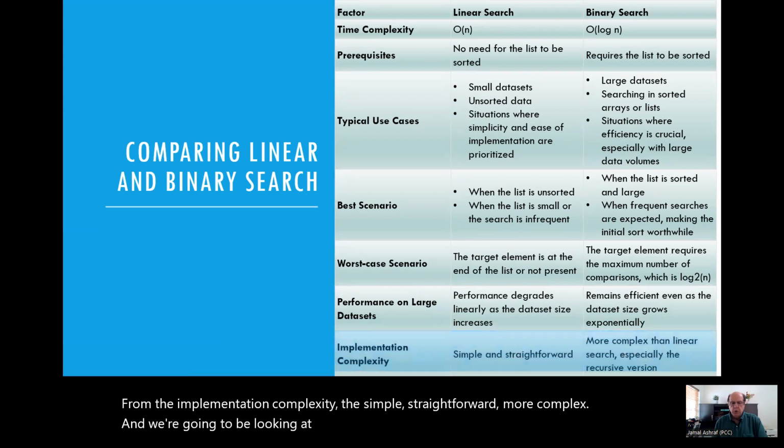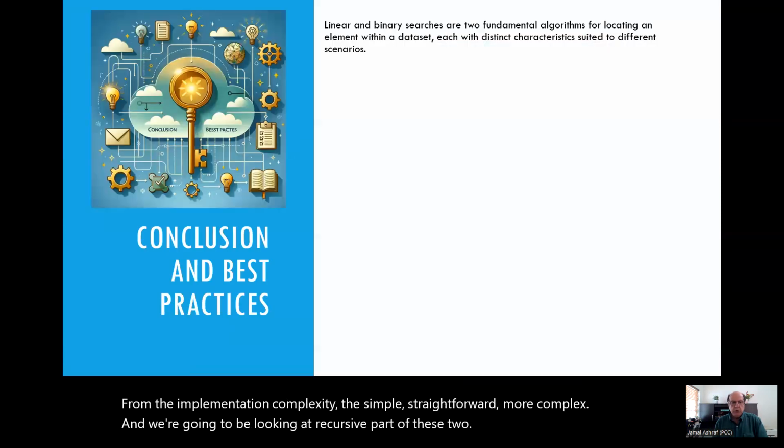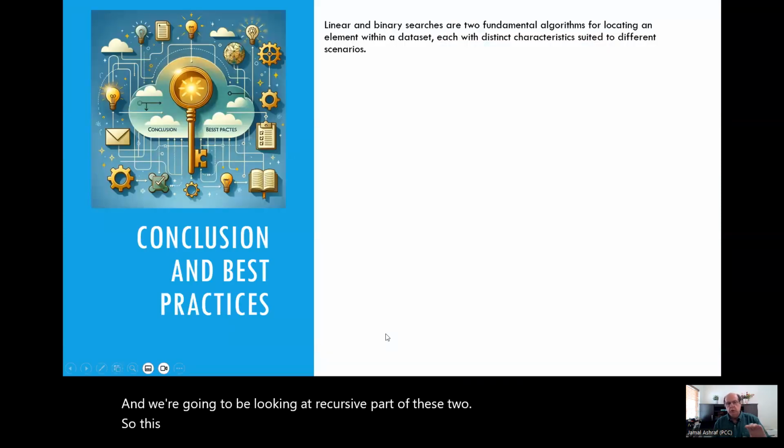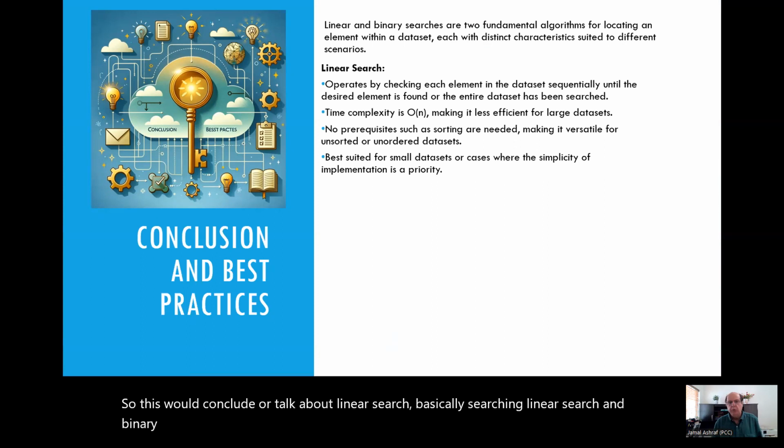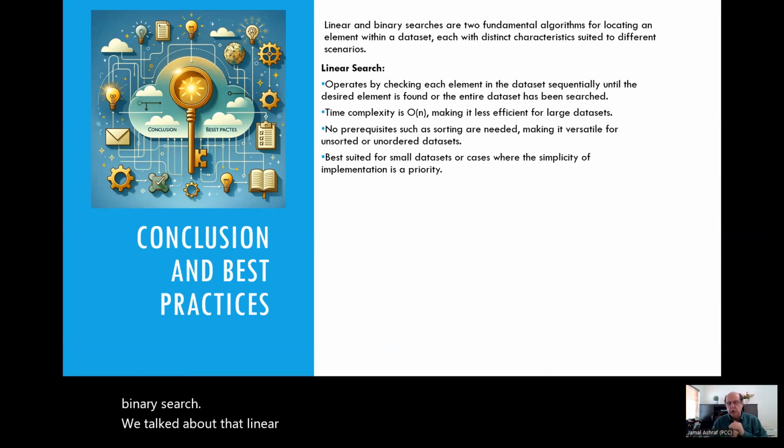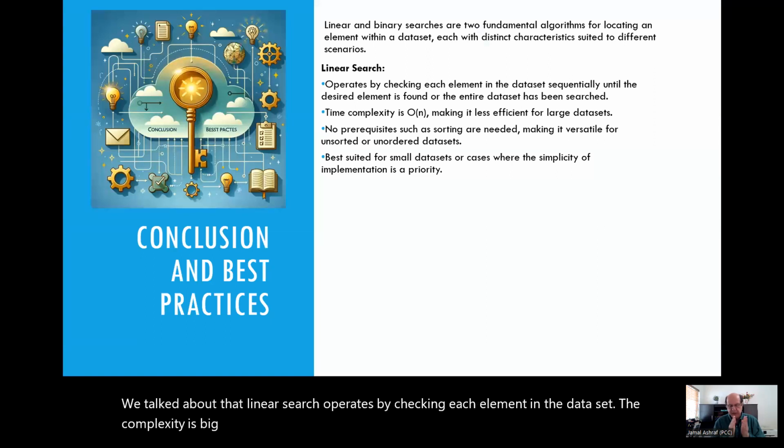So this would conclude our talk about searching: linear search and binary search. We talked about how linear search operates by checking each element in the data set. The complexity is big O n, meaning that as the list grows, it's going to take more time.